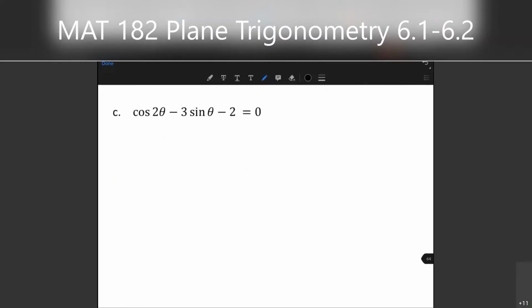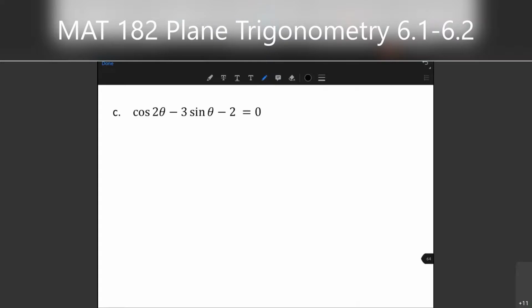All right, so we have cosine of 2 theta minus 3 sine theta minus 2 equals 0. So just in terms of strategy, when I see multiple trig functions, like a sine and a cosine, there's really two ways to go about it.